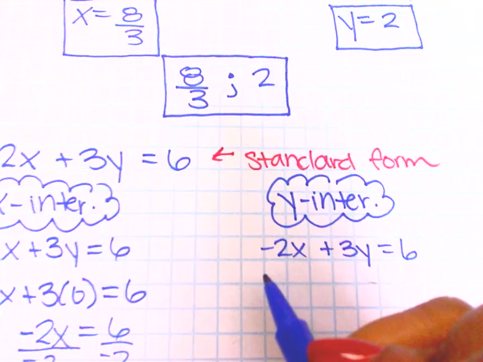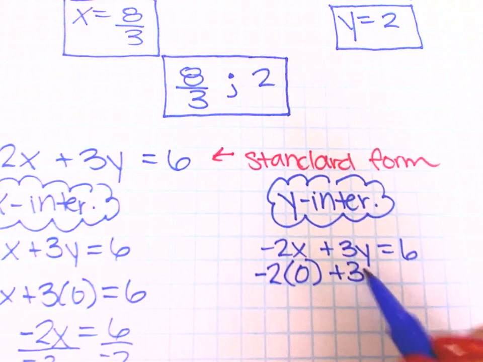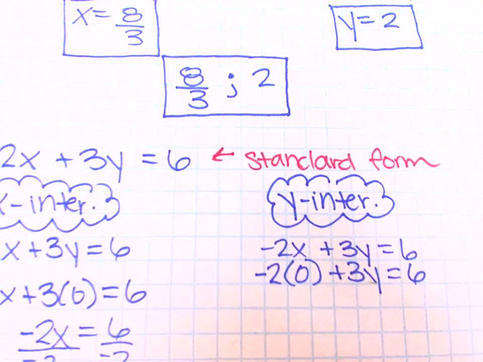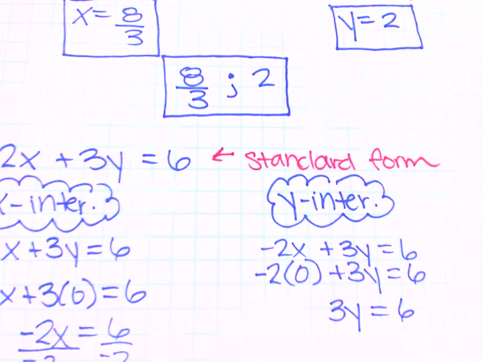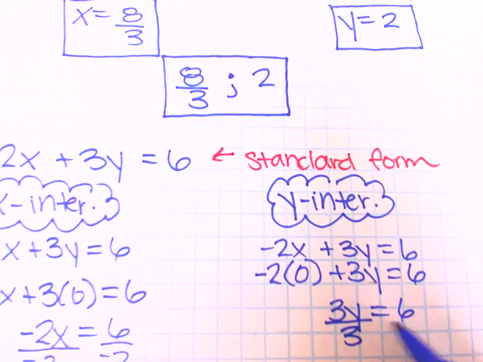So I'm going to replace x with 0, so that's negative 2 times 0 plus 3y equals 6. Well, negative 2 times 0 is 0, so I have 3y equals 6. To isolate y, I divide by 3 on both sides. Y equals 6 divided by 3 is 2.